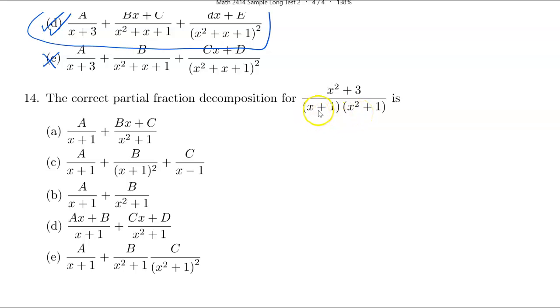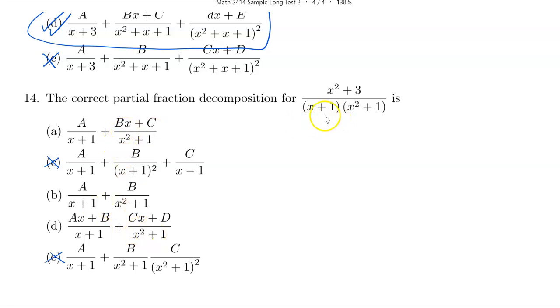Our denominators will be these factors here, x plus 1 and x squared plus 1. There's no multiplicity, so we don't need this. That would be incorrect, and this one, E, is also incorrect. So we are left with choices A, B, and D.